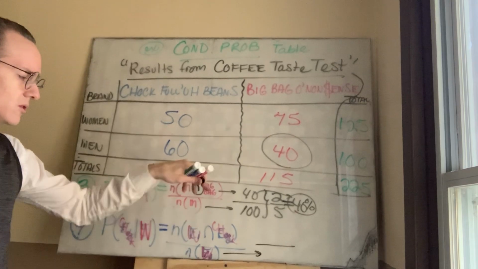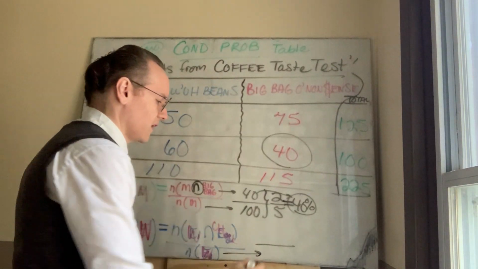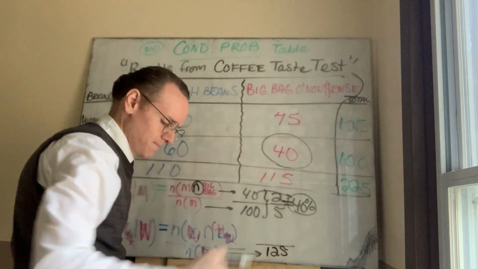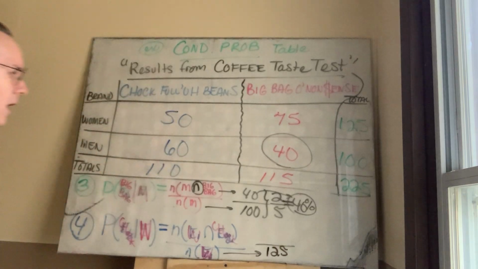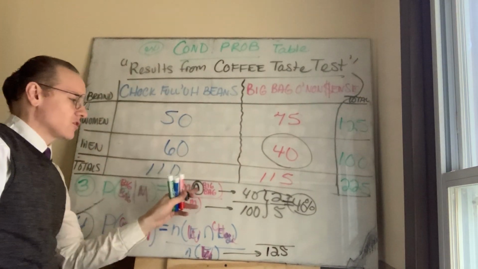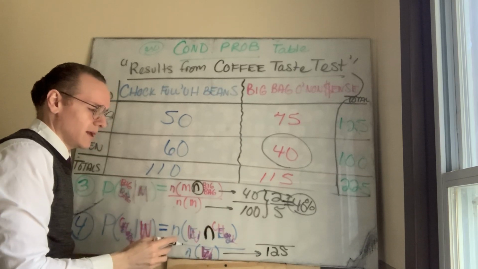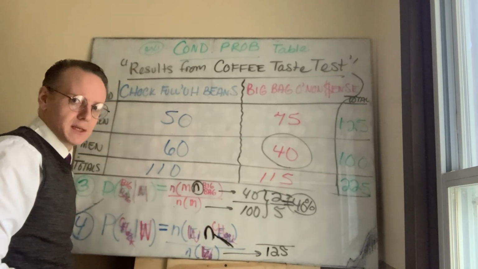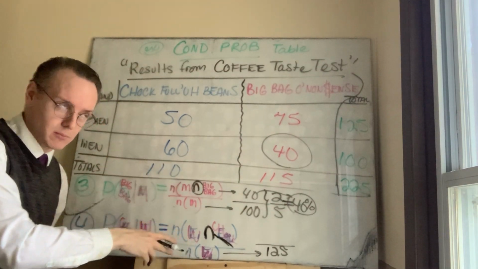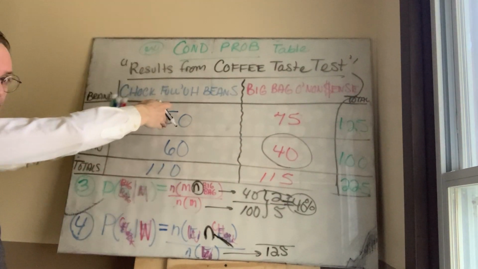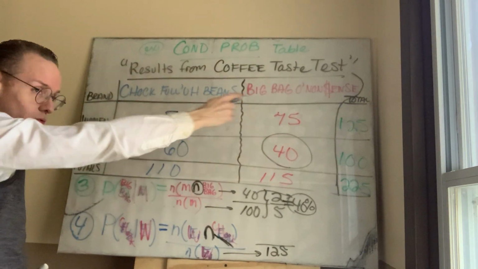Again, I would start with the denominator because it's probably easier. What is the number of women total? The number of women total is 125. Now, what is the intersection here of women that happen to prefer chock full of beans? Again, the table comes in handy because it is basically the coordinate, like if you're playing Battleship, you read the ABC on one side and the 1, 2, 3 across.